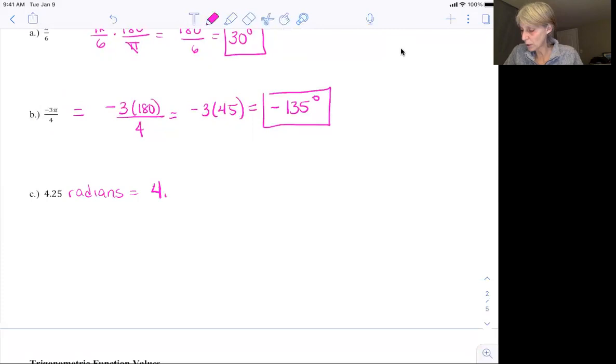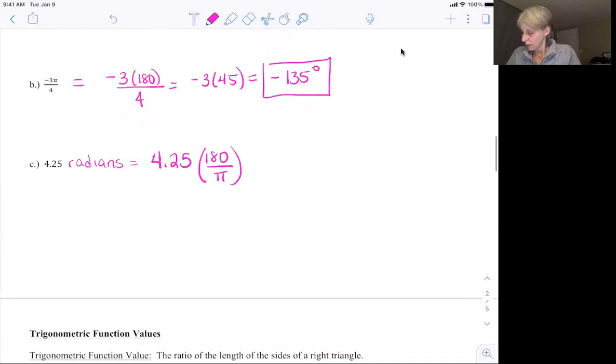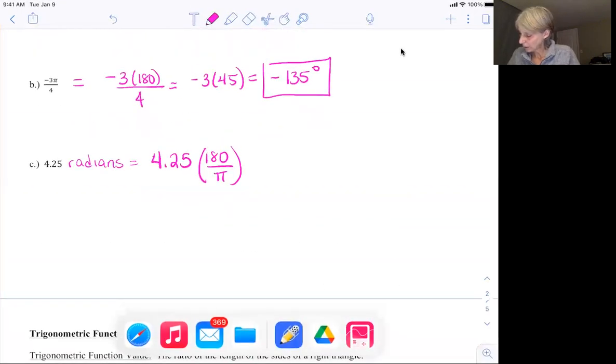Most importantly, when you have a decimal, 4.25 radians, I'm multiplying by 180 over pi. Notice there's no pi there to start with, so I can't just replace pi with 180. I have to physically do the math now. Let's see if I can get my calculator up.